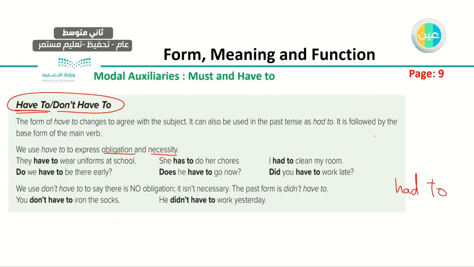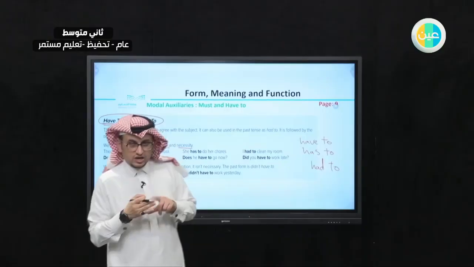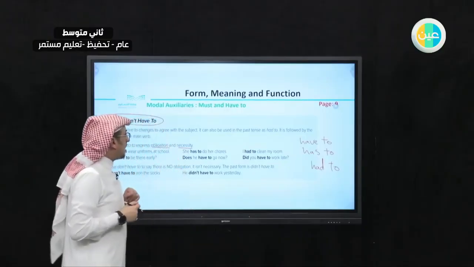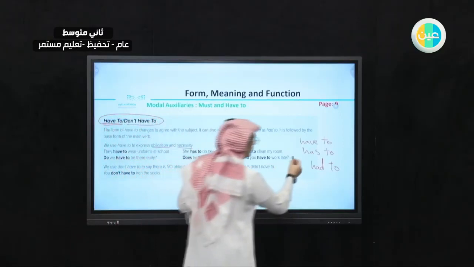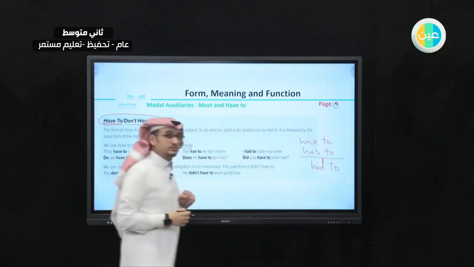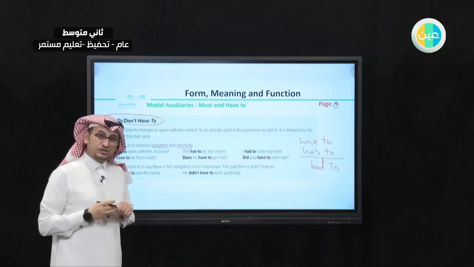We have to for plural form and has to for singular form, like what? Has to: he, she, it. Had to comes with all kinds of subject pronouns, either singular or plural.